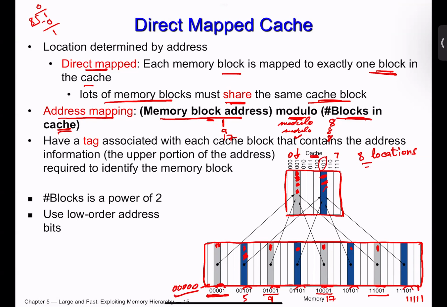But why is that? Why do we find that they share the very first 3 bits in all of these locations of the same color? Because basically this is 8 locations, and log base 2 of 8 is equal to 3. That's why you just need 3 bits to specify which is which, and that's why the very first 3 bits of all of these locations would be exactly the same.